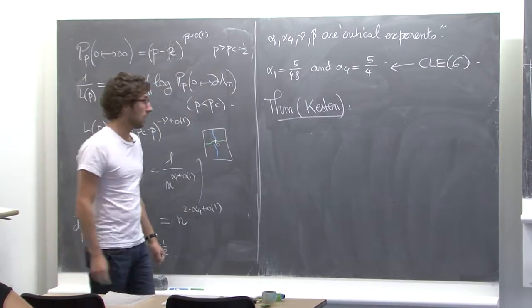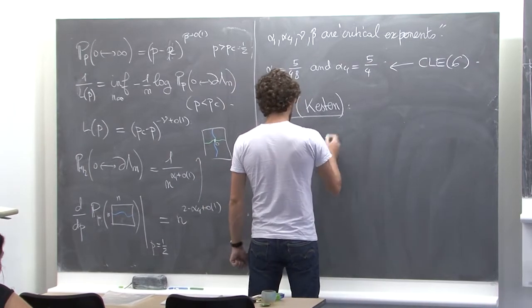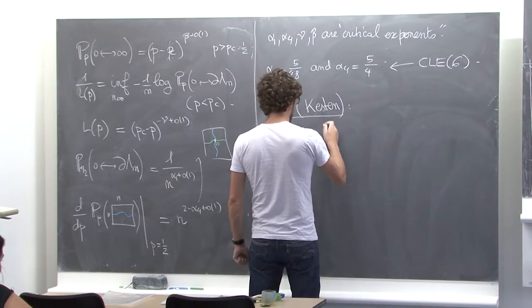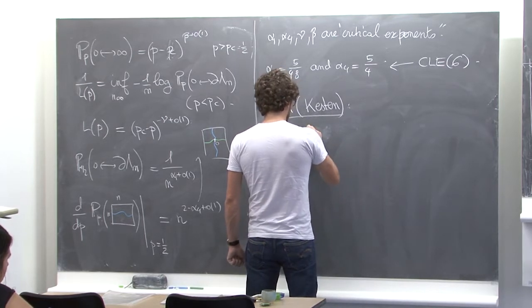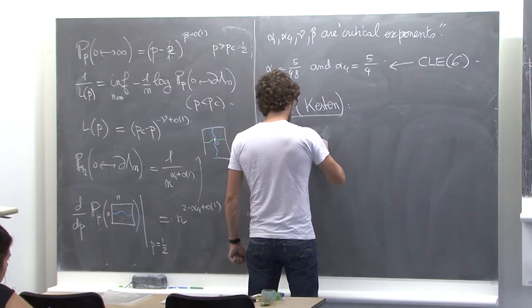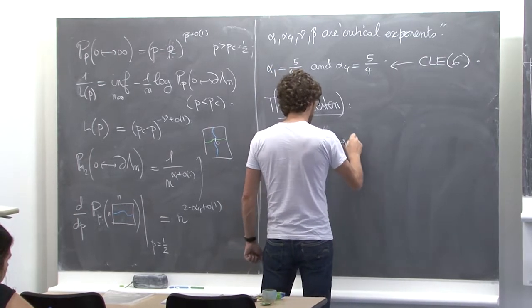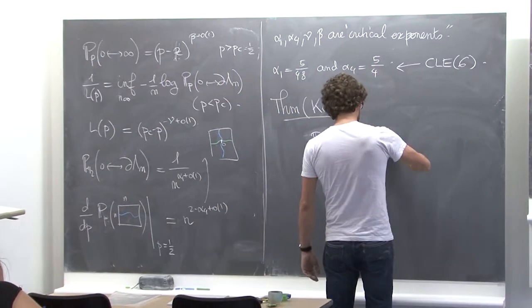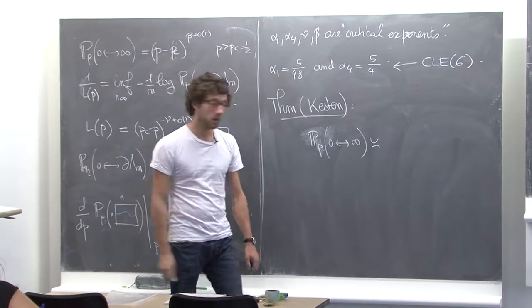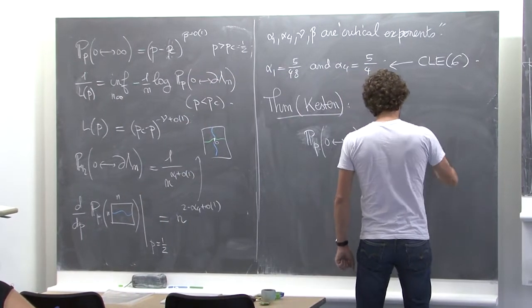the Russo-Seymour-Welsh theory, which is that in fact, you can prove the following. The probability at p of 0 connected to infinity is of the same order, it's roughly the same, as the probability at 1/2 of 0 connected to L(p).